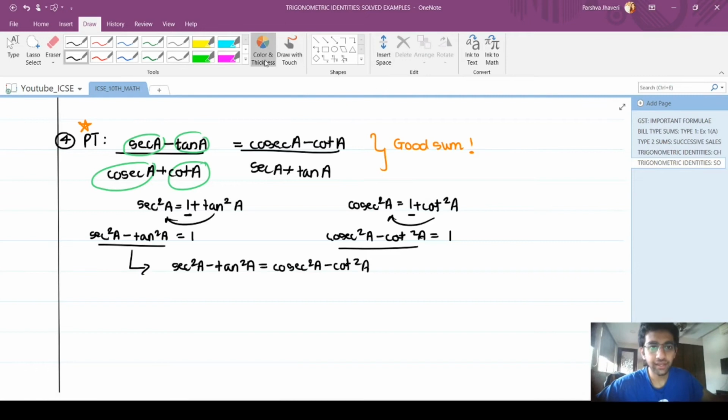Now that I equated them, pay attention. We will be using the A square minus B square formula. A square minus B square is (A minus B) into (A plus B). Agreed?